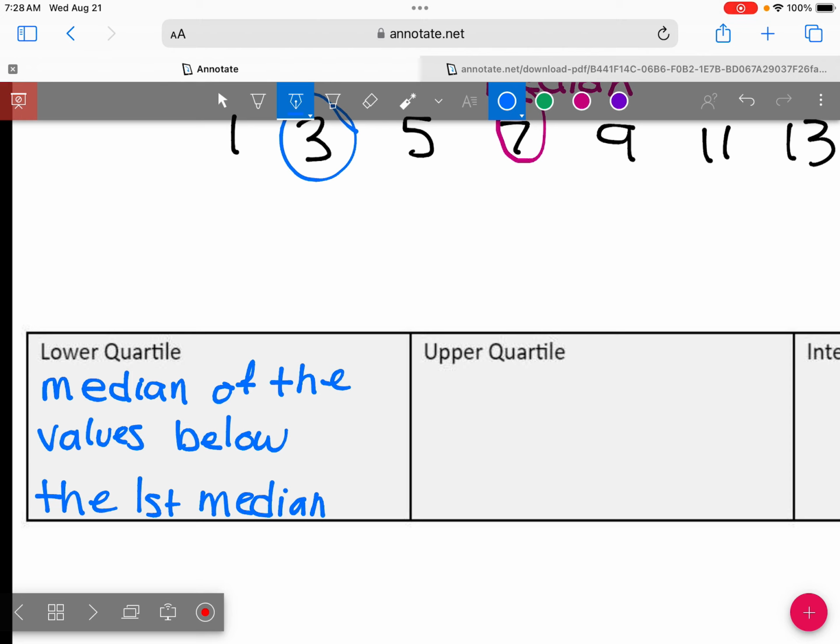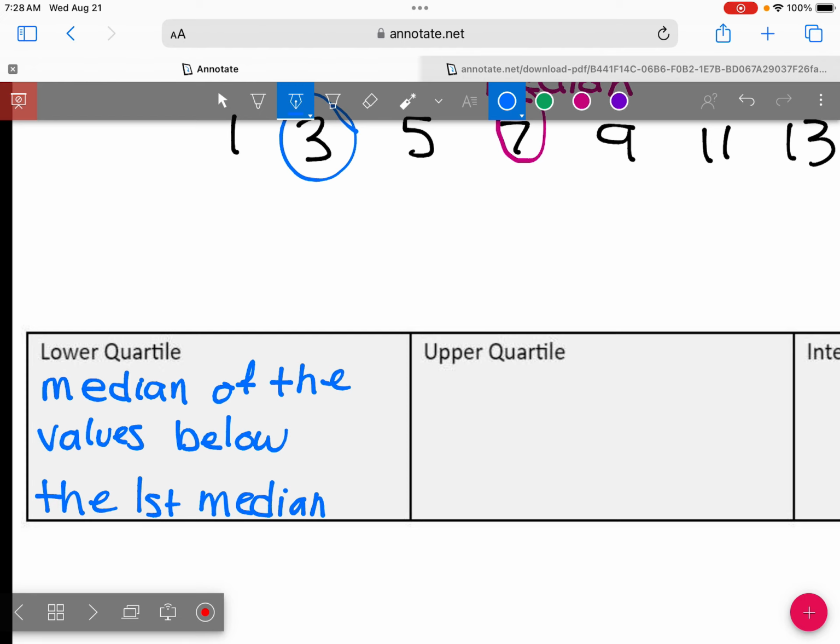If the lower quartile is when I take the numbers smaller than my median and find their median, I can find my upper quartile, same vibe, just on the upper half. So bigger than the median, what's our median up there? 11. That's what our upper quartile is.